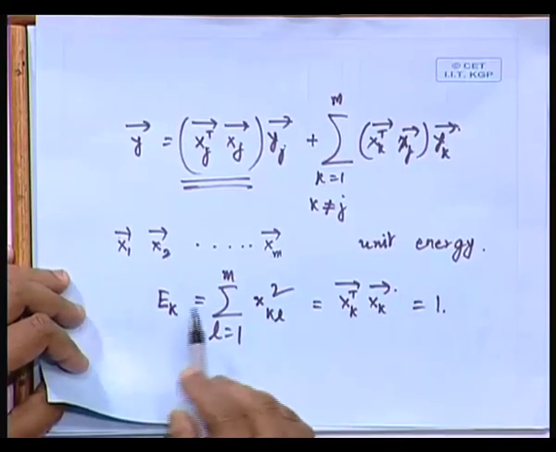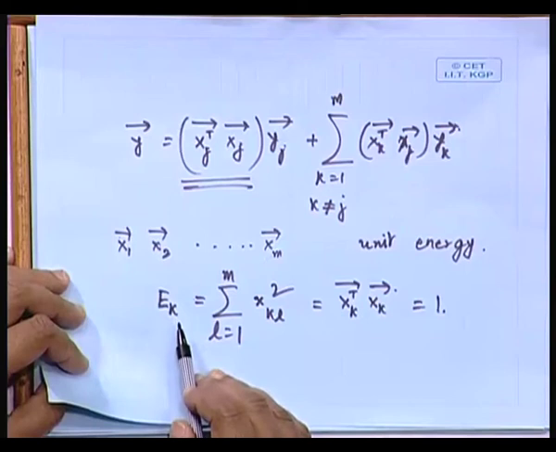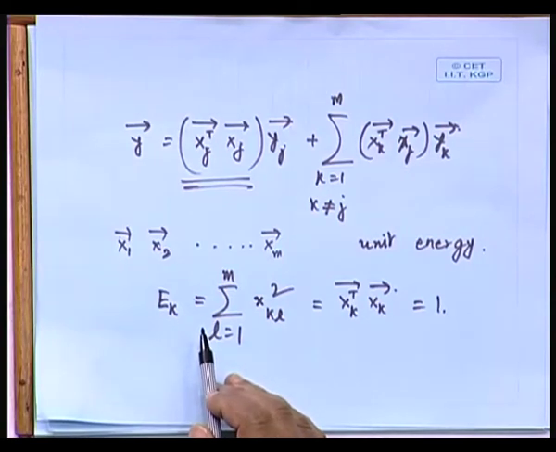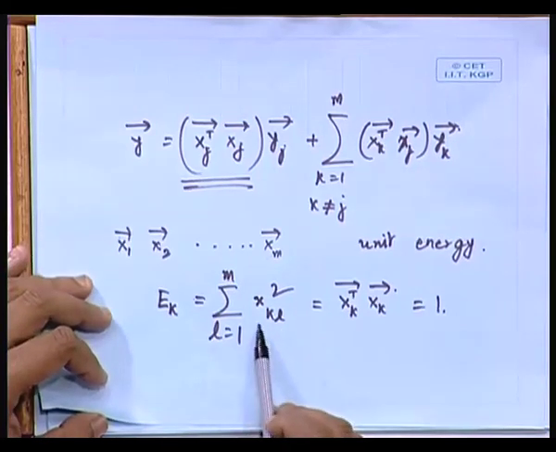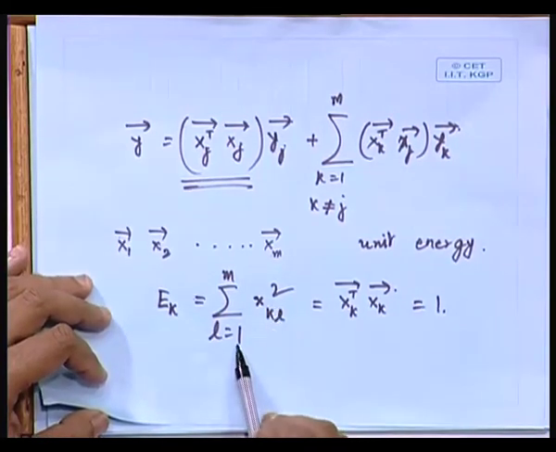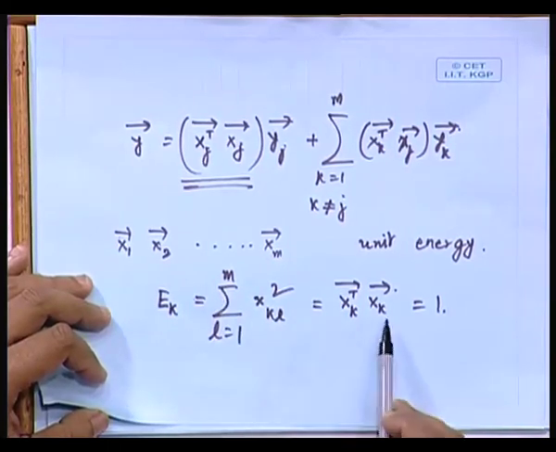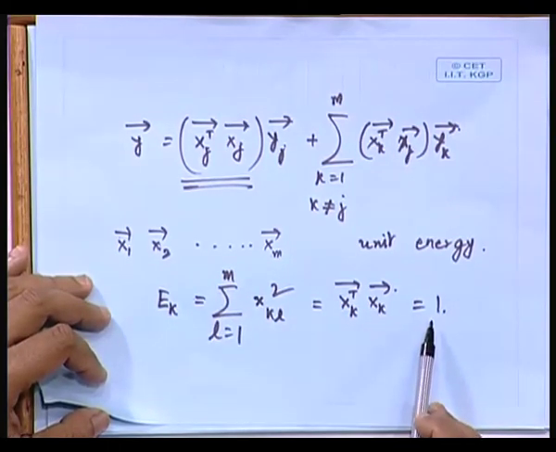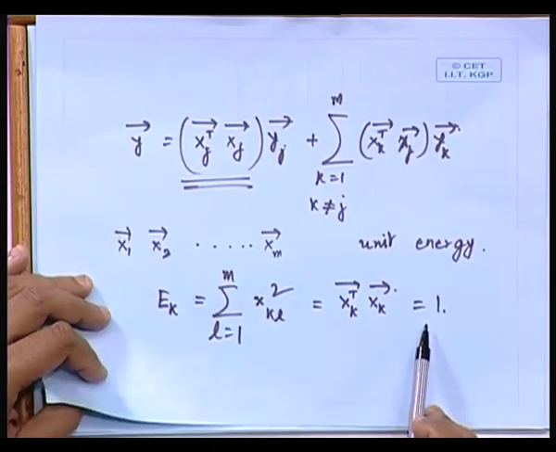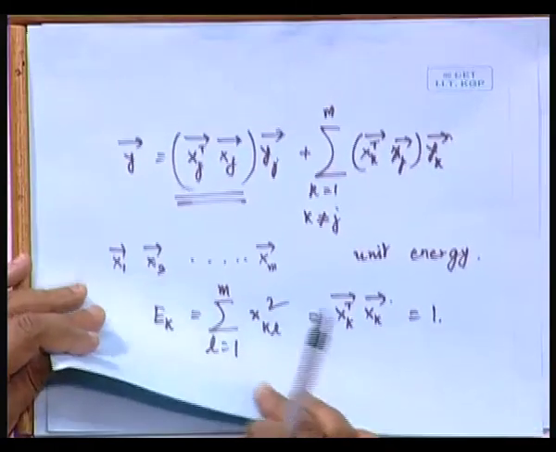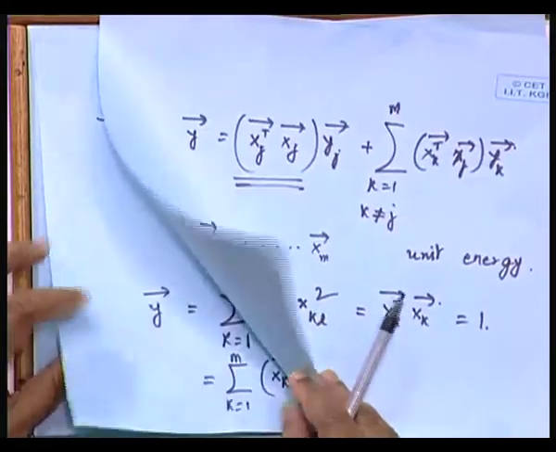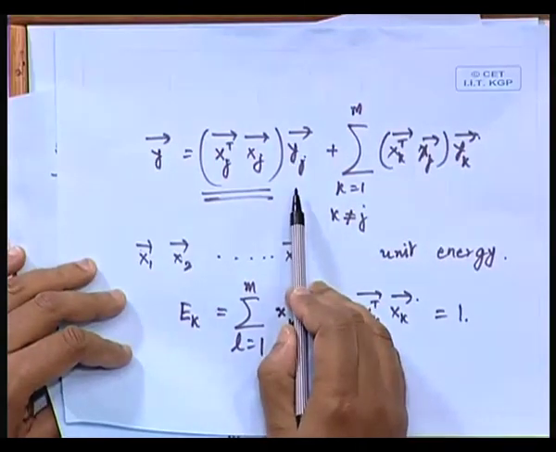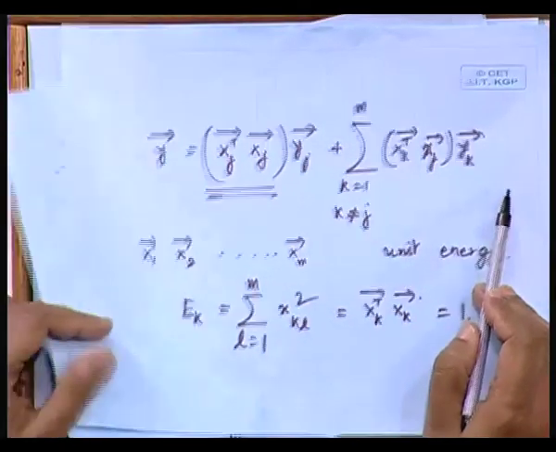In other words, if we calculate the energy ek of any vector, let us say the kth vector, then ek will be equal to the summation of xkl square, l equal to 1 to m, and we just add it up and it becomes equal to 1. All right. So, now we can simply write down that y is equal to yj plus this term. So, let us see what it becomes.